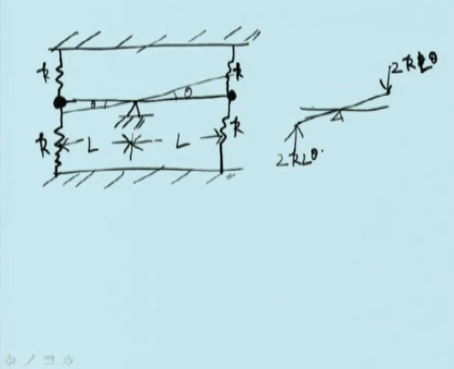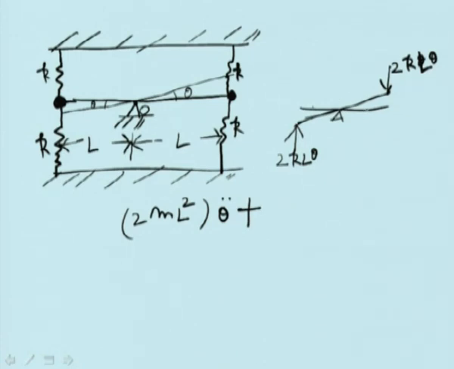Now take the moment about the pivot point O. So we have to see what is the total mass moment of inertia about point O. This is mL square plus mL square, that means 2mL square. Now you apply that equation: 2mL square into theta double dot, inertia torque, is equal to plus, you will say, 2KL theta.